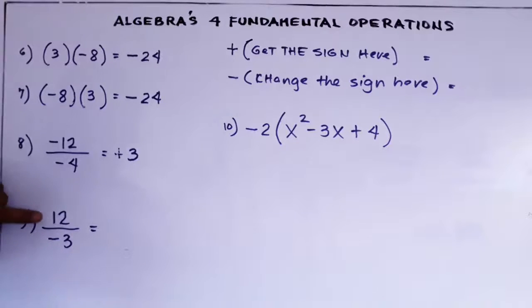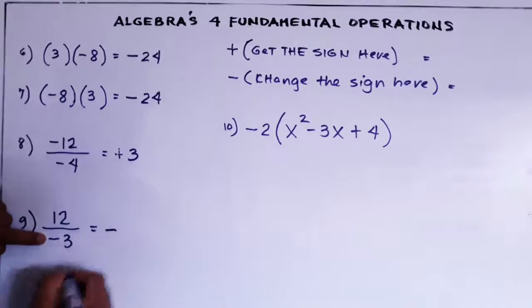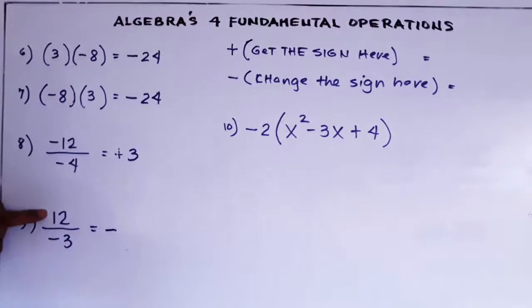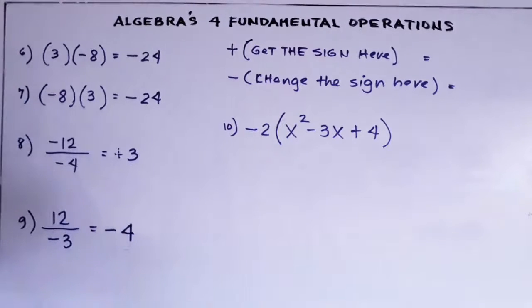Right, what's the boss here? Okay, the "I don't care" positive is the boss. So he does not care about the sign of the number below. The sign below is negative, so this one is negative. It will not change because this one is the "I don't care" positive. And then 12 divided by 3, we have 4. The negative 4.